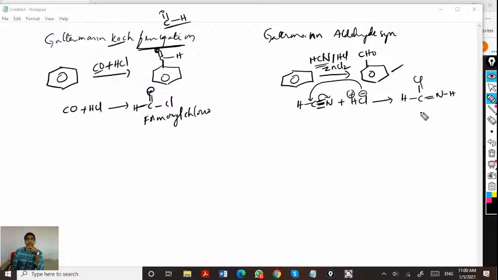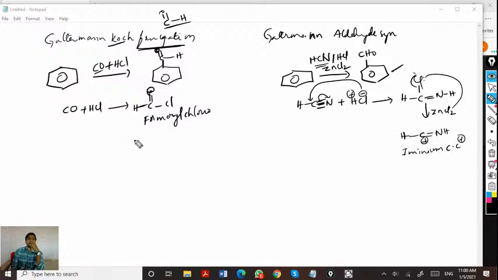Once iminium chloride is treated with ZnCl2, which is a Lewis acid, it will abstract the halogen, resulting in a carbocation. This is called the iminium carbocation.